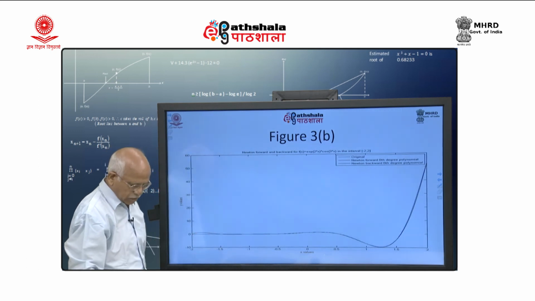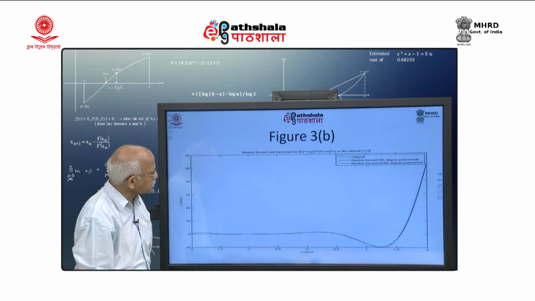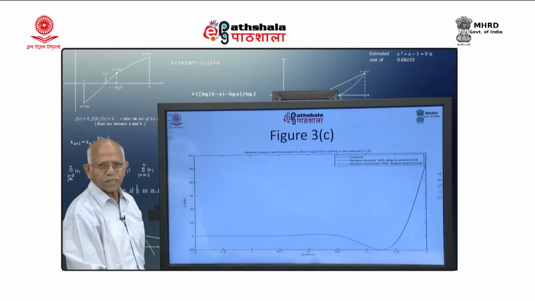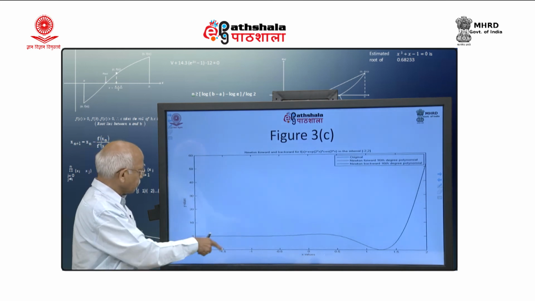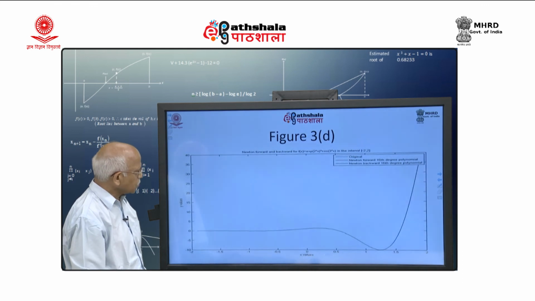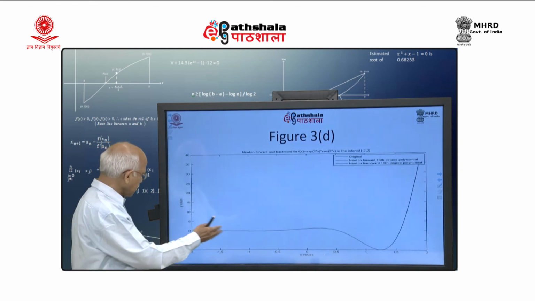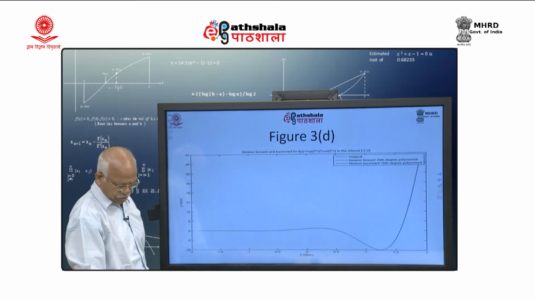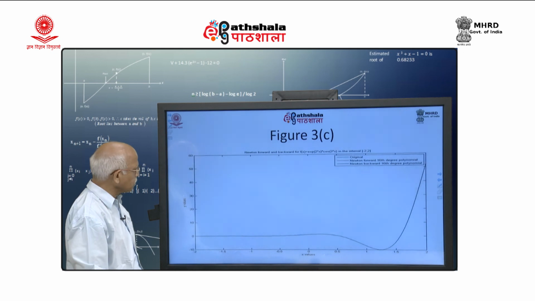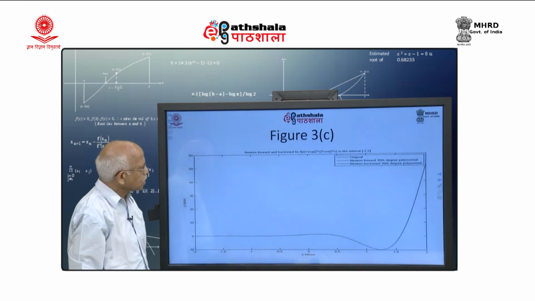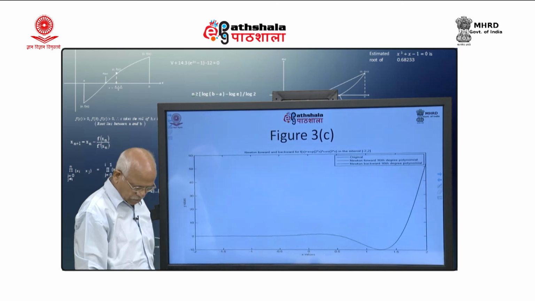So, agreement is better with the 8th degree polynomial, and with the 16th degree polynomial they almost coincide over the whole interval. It was not even required, but still we take -1.9 to +1.9, and you get the same picture here, because if the agreement is on the whole interval, it is bound to be on the smaller interval too, and you can see that here you get better agreement.